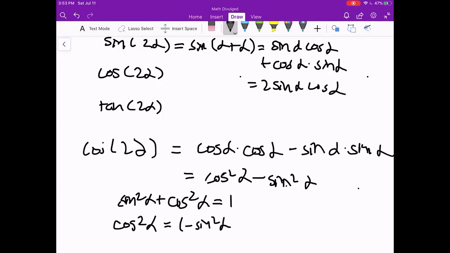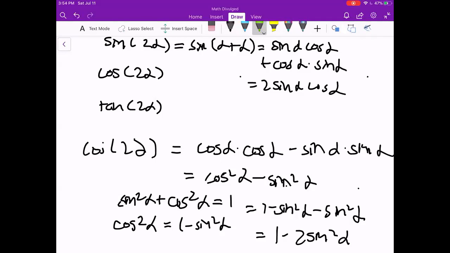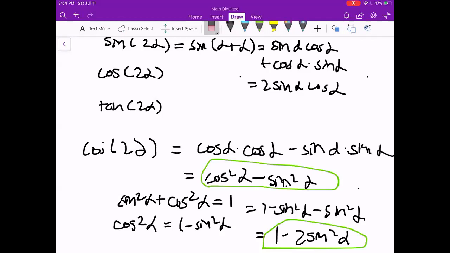So if we plug that into this equation, that's 1 minus sine squared alpha minus sine squared alpha, which is equal to 1 minus 2 sine squared alpha. So that's another form to write it in. So this is the first form. This is the second form. And these are all equivalent expressions for cosine of 2 alpha.